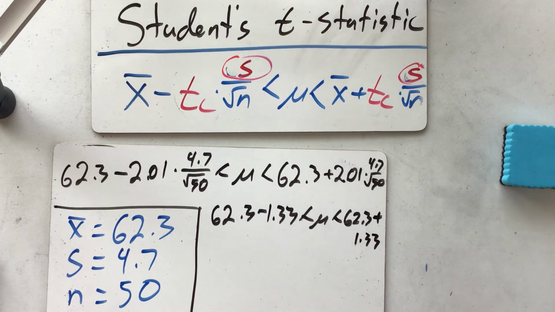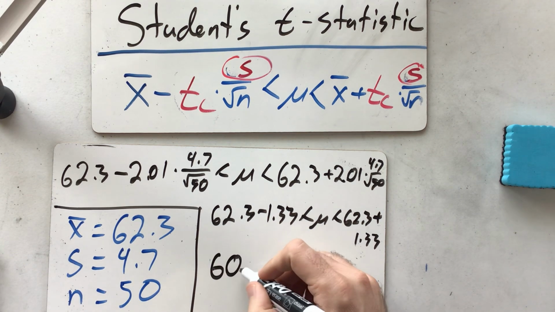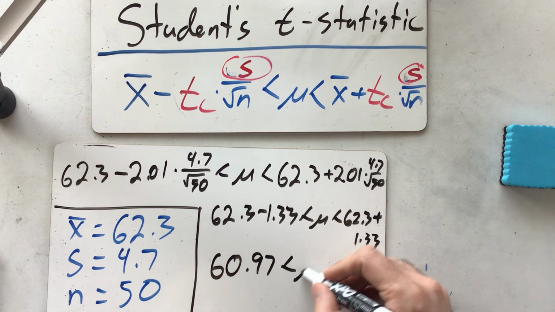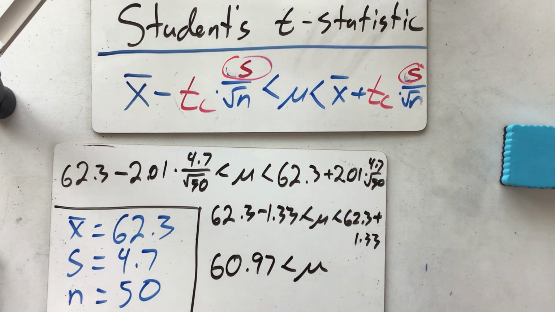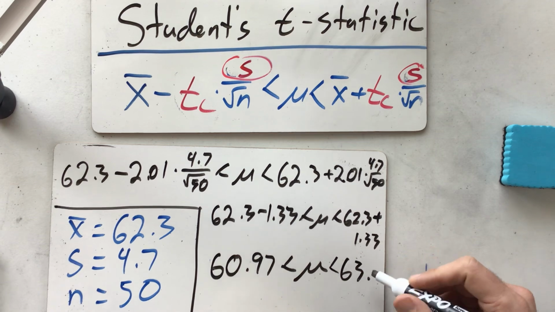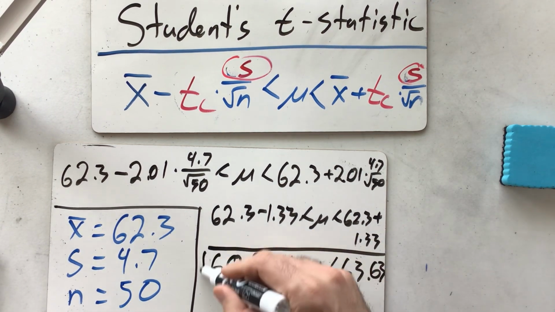Sorry, I ran out of room. And let's subtract those out. 62.3 minus 1.33 is going to give me 60.97. And then on the other hand, if I add instead of subtracting, I get 63.63.